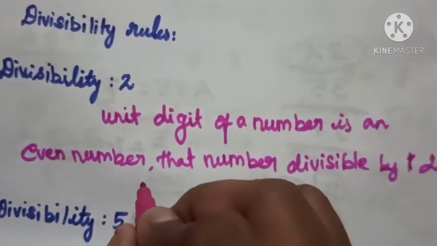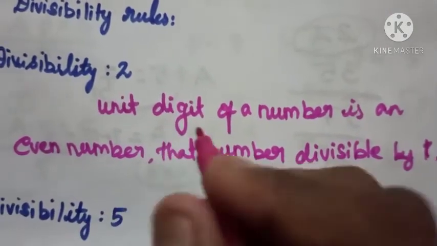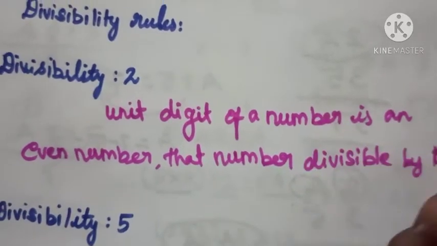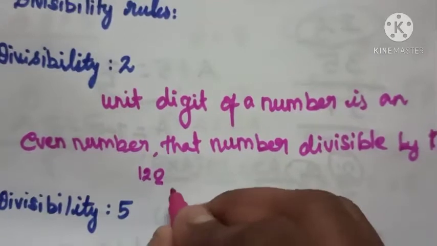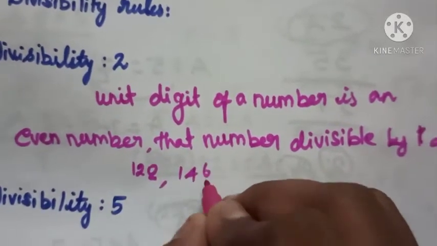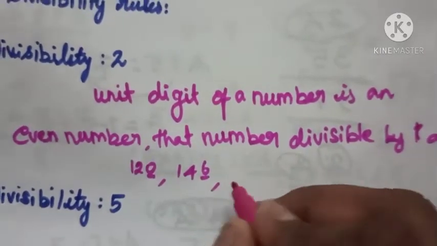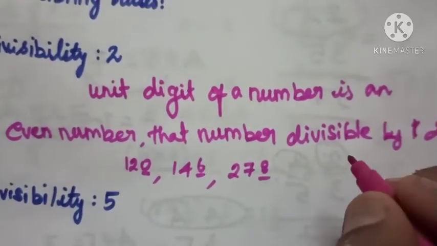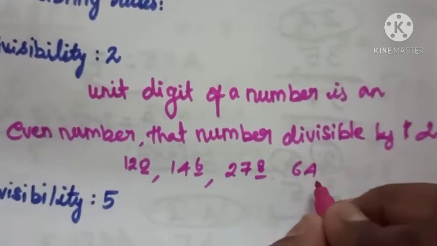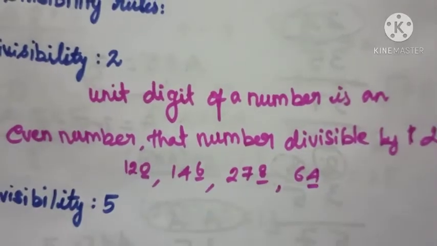For example, what is the unit digit? Unit digit means the ones place. For example, 120: 0 is an even number. 146: 6 is an even number. 278: 8 is an even number. And then 64: 4 is an even number.